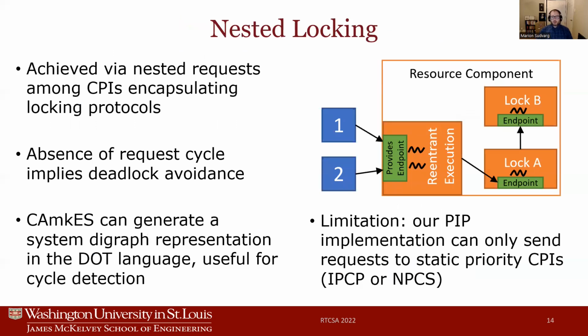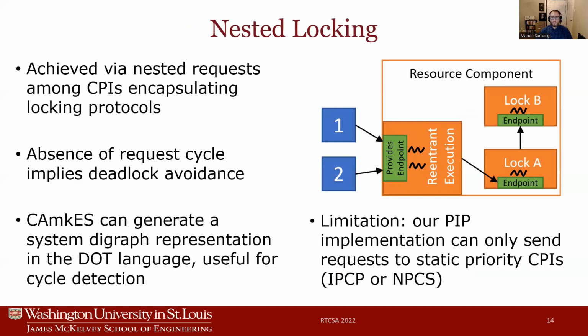Our framework also supports nested locking, which is achieved simply via nested RPC request chains among CPIs encapsulating locking protocols. Absence of a cycle among request paths implies deadlock avoidance. CAmkES can actually generate a system digraph representation in the dot language, which makes it very straightforward to detect possible deadlock.